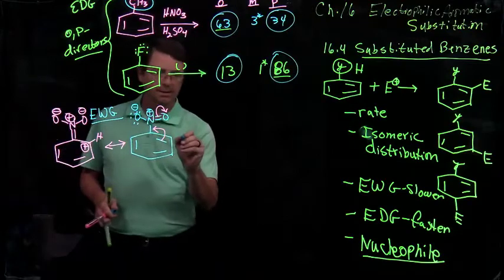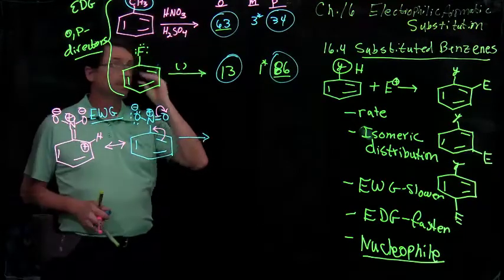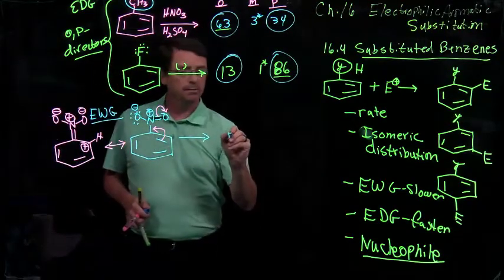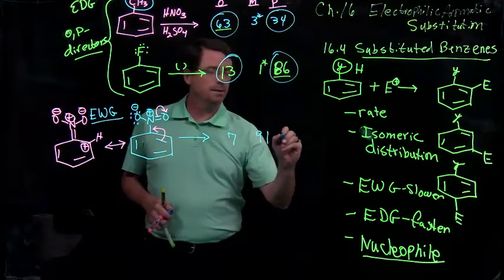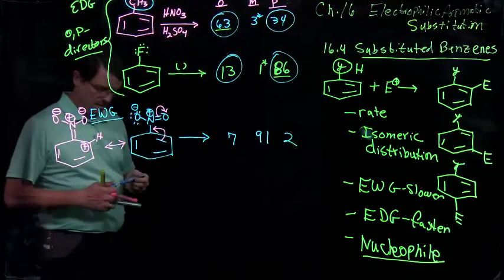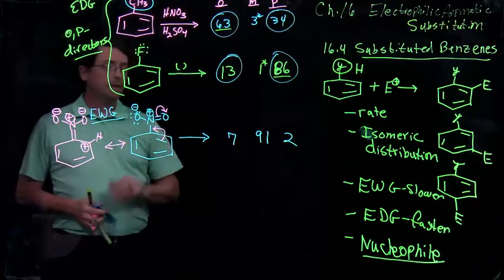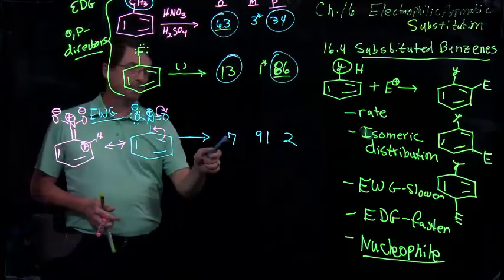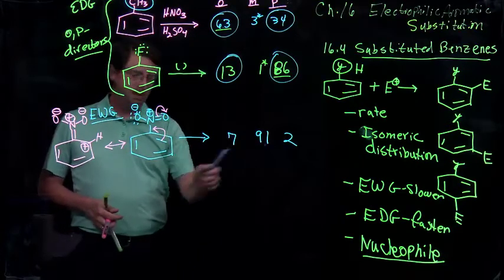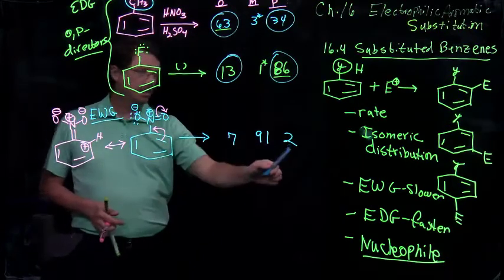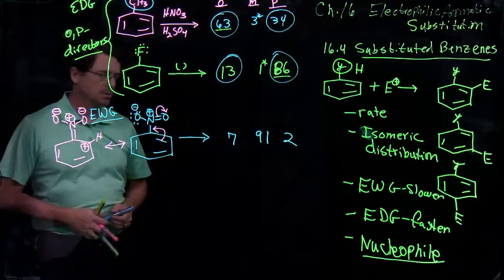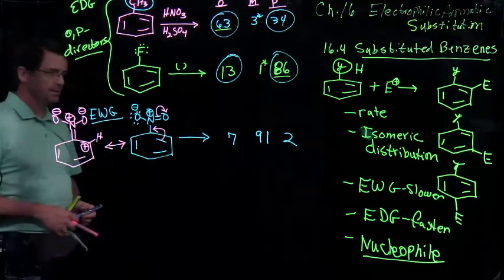Now, let's look at the distribution of products for this one. For this one, we get 7 to 91 to 2. So for a nitro group, when we make what will become the dinitro compounds, we get 7% ortho, 91% substitution at the meta, and 2% substitution at the para position.